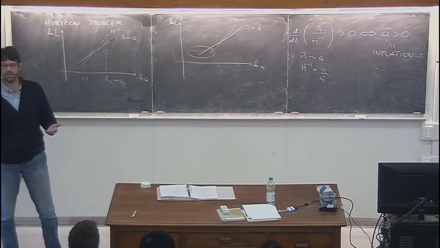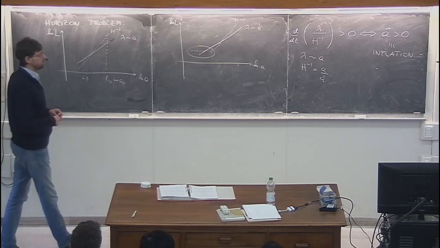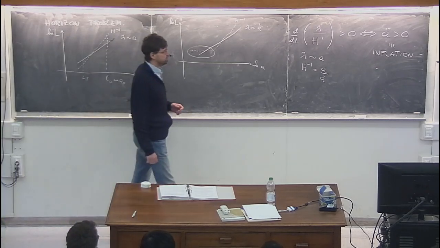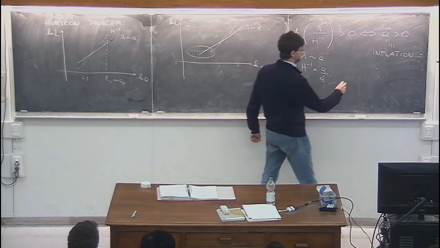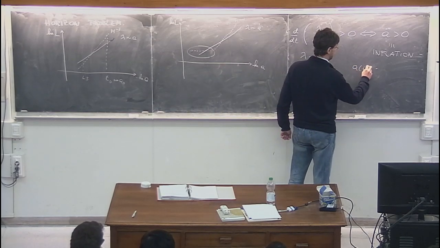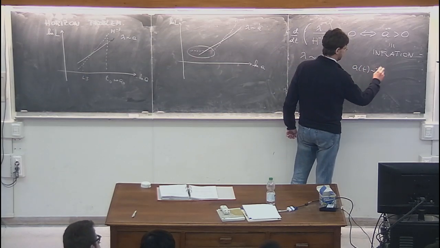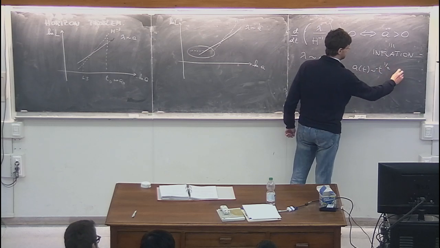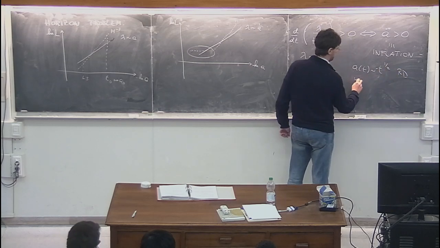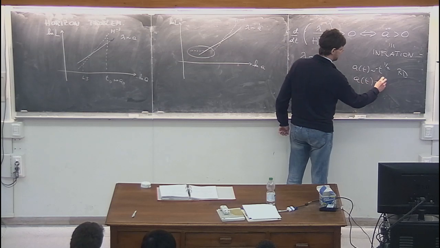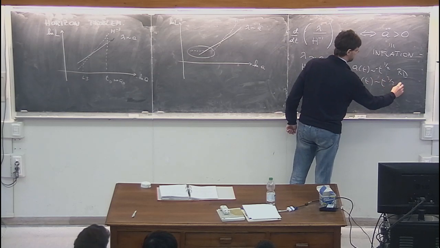Inflation is a period where the scale factor has the second derivative which is larger than 0. The universe is accelerated. This condition is not true for radiation or for matter, because if you remember, for radiation, a was going like t to the power 1/2. That was a radiation-dominated universe. For matter, it was t to the power 2/3.